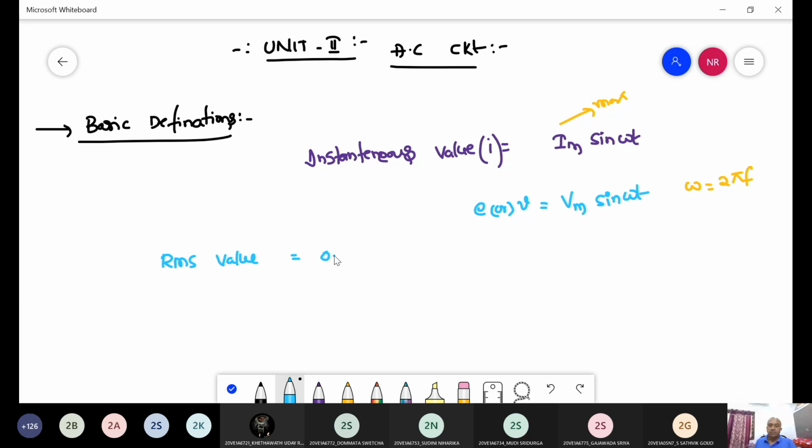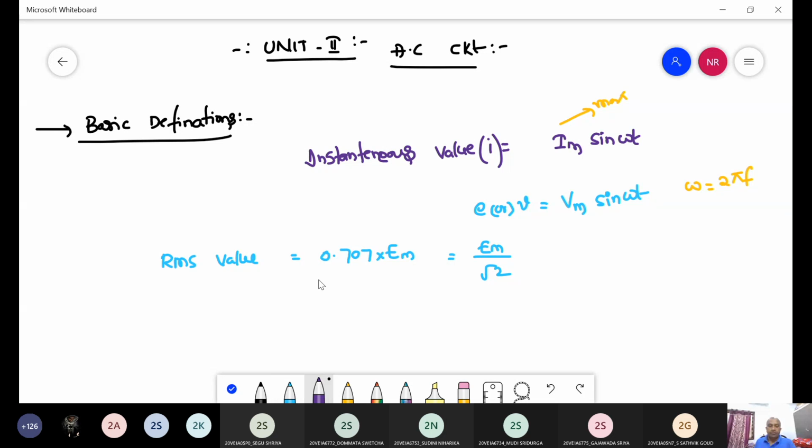We did the derivation then; that is 1/√2. Calculate the value. 0.707. Yes. So that is 0.707 into the maximum value, or Em/√2, if it is voltage, the RMS value of the voltage.